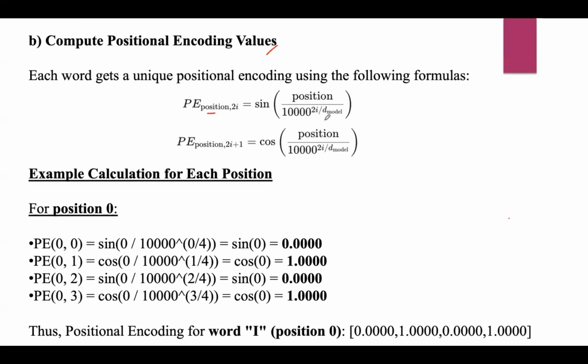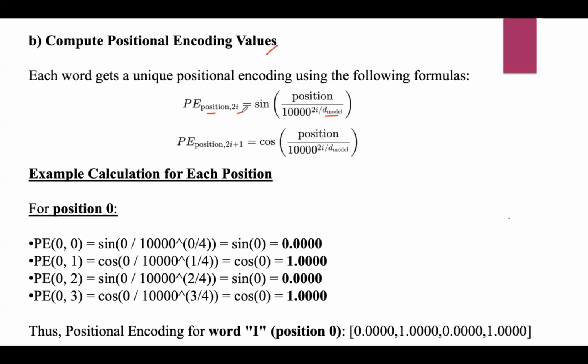Then we have d_model, that is the total embedding dimension. Here, for simplicity, we are assuming this value as 4. Usually it can be 512. Then the i value, this i value is the index of the embedding dimension.